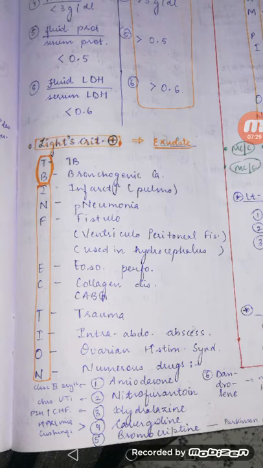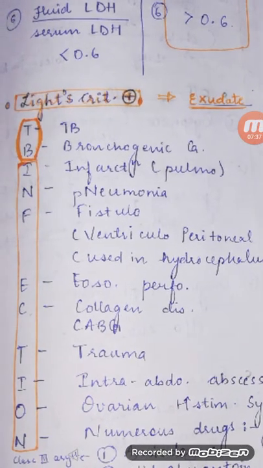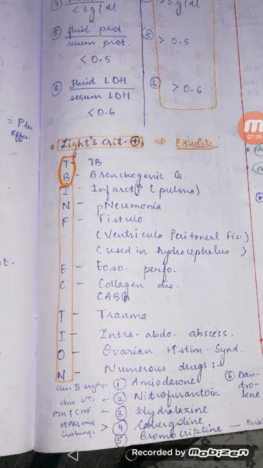Second, B is bronchogenic carcinoma. I is infarction of the lungs, so pulmonary infarction. N is for pneumonia. F is for fistula, that is a ventriculoperitoneal fistula used in hydrocephalus, the ventricles of your brain, not your heart.